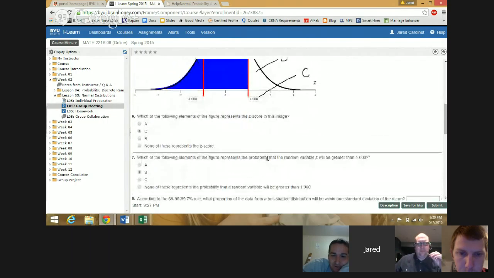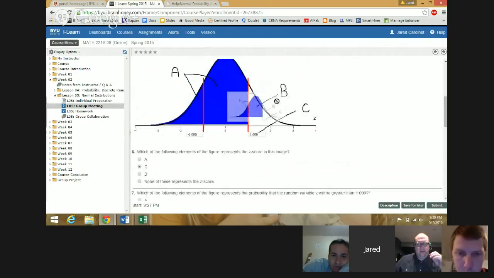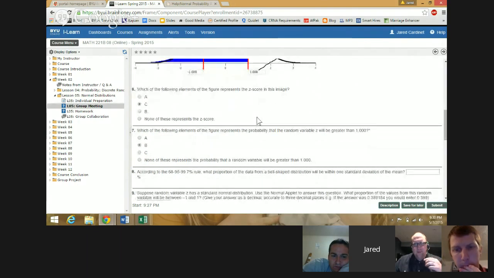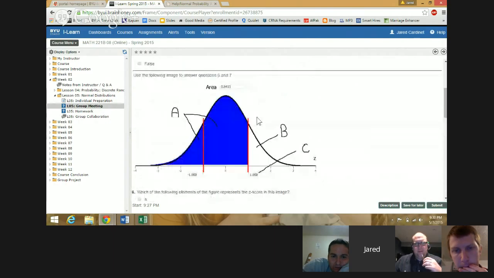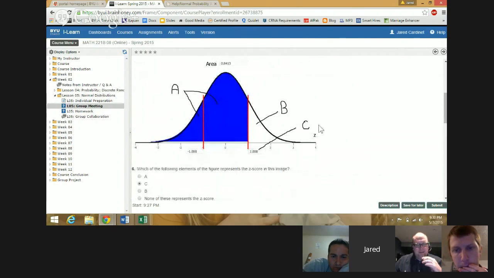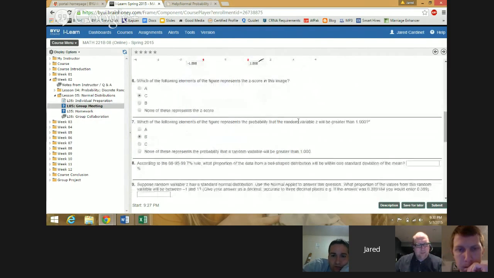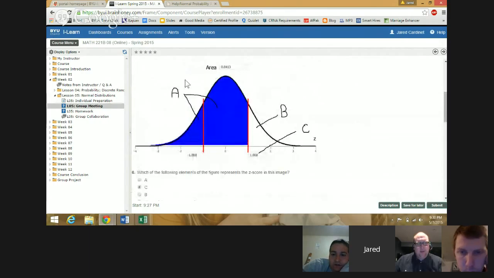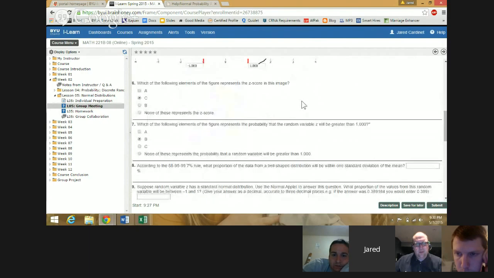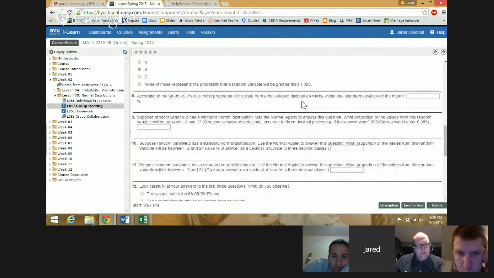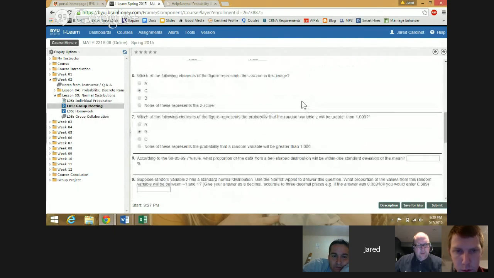The probability of the variable z being greater than 1 is this area over here, the greater than 1 area. So it's B, because B is referring to the z-score percentile that's greater than 1, and A is referring to what's less than 1. So answer to 6 is C, and answer to 7 is B, correct?